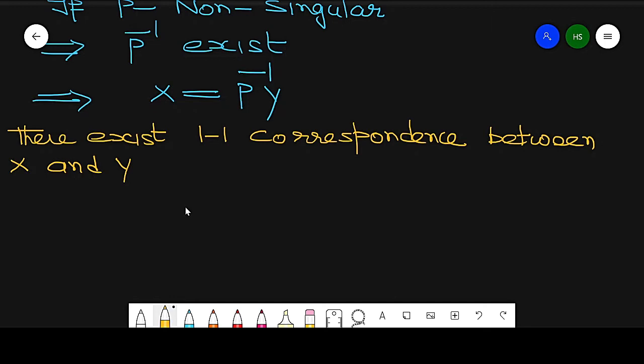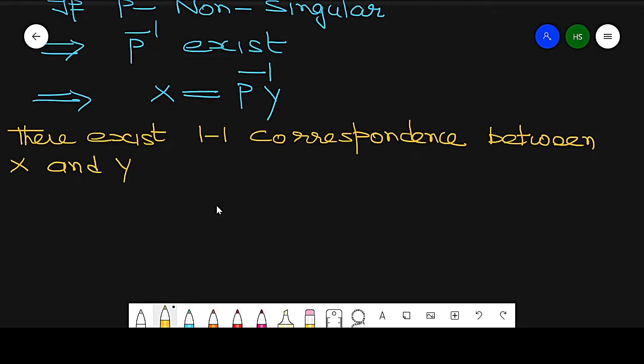Now this is system 1 and system 2. So system 1, this X equal to PY, system 1. So it determines a linear transformation. This linear transformation is singular if P is singular, and non-singular if P is non-singular.